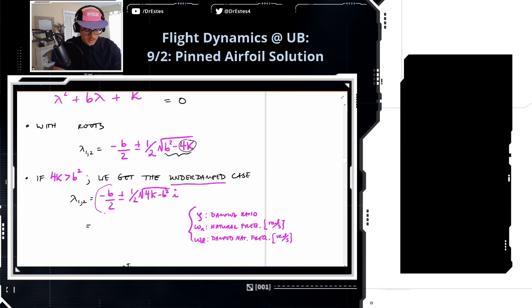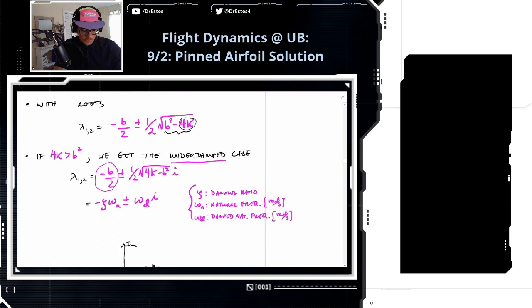We know that the real part of the root is the negative of the damping ratio times the natural frequency, and then plus or minus the damped natural frequency times i. And just to remind you, the damped natural frequency is the natural frequency times the square root of 1 minus the damping ratio squared.